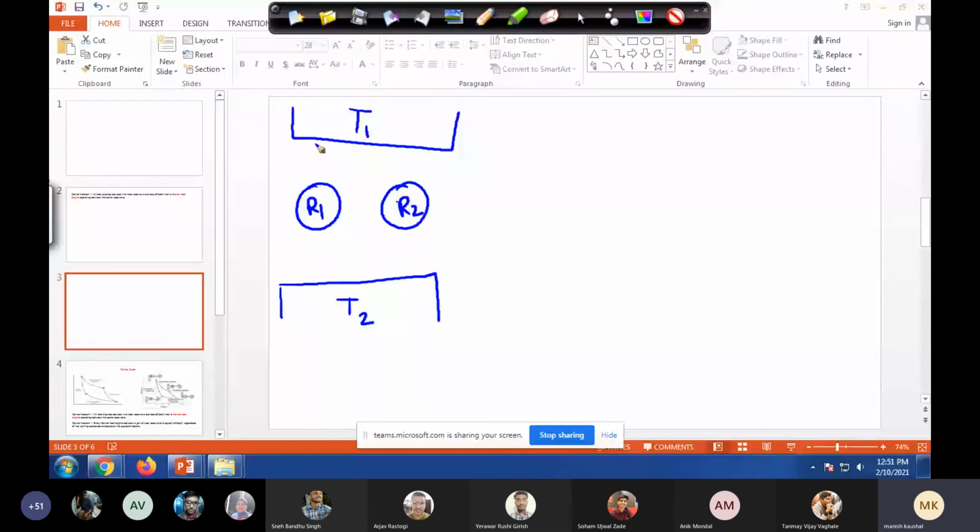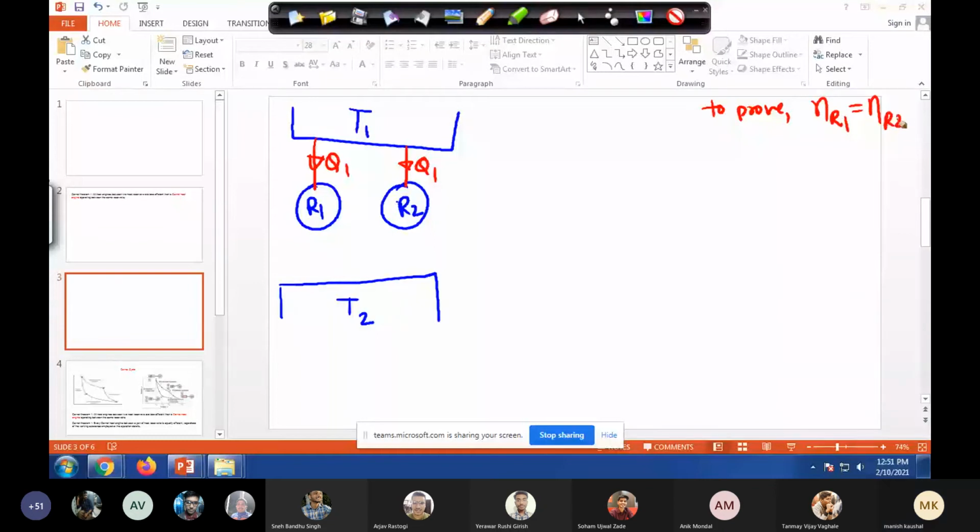Both are taking the same heat Q1 from the source so that you can compare. What do we want to prove? We want to prove that eta R1 is equal to eta R2.